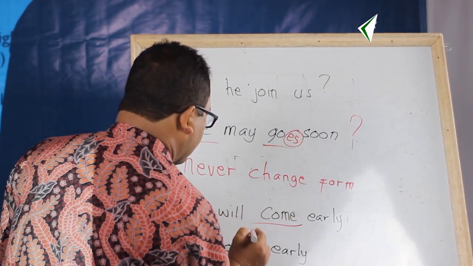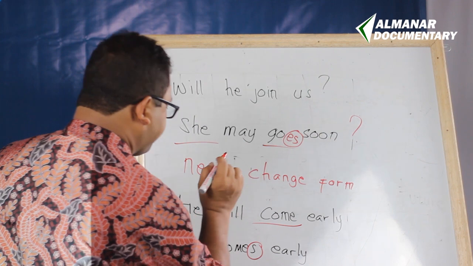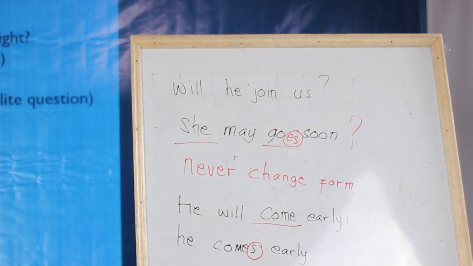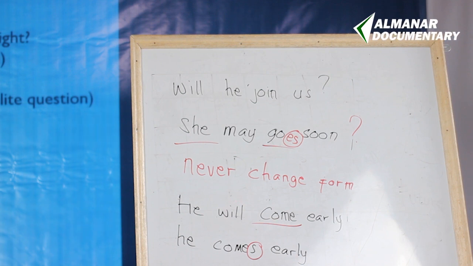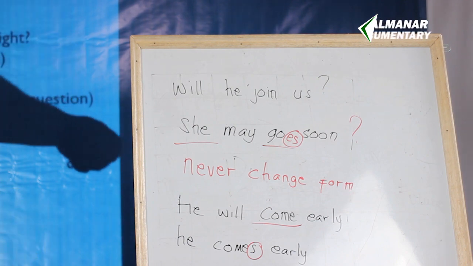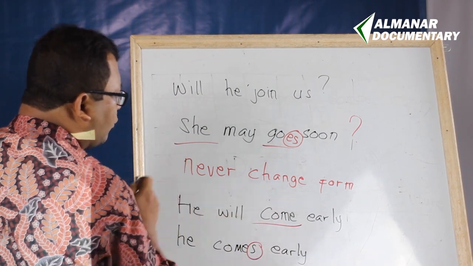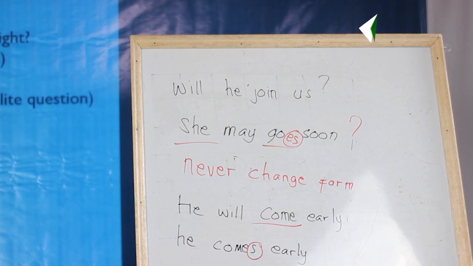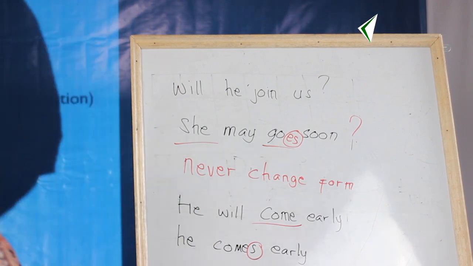He will come, he comes. Why do we have such a difference? He will come early, he comes early. What is different? It has a modal in between and it never changes form. The form come will never have comes in between. Okay, I think it is clear.